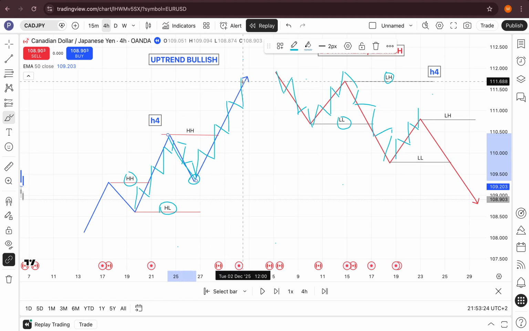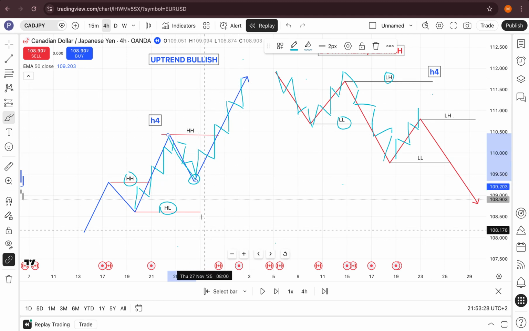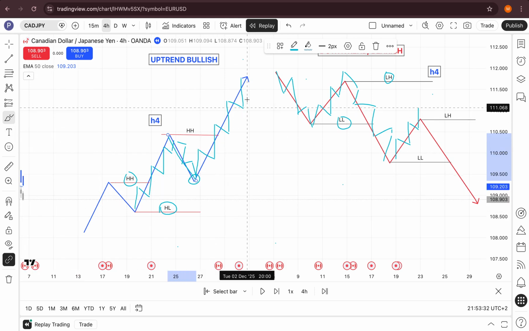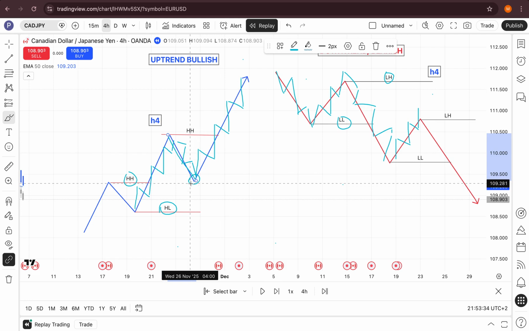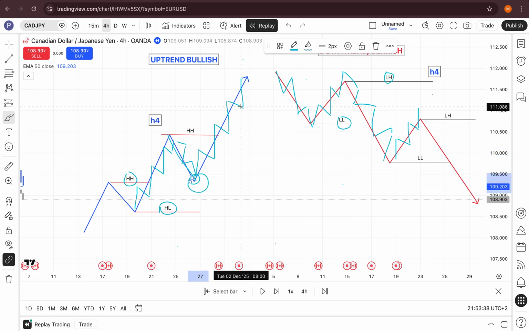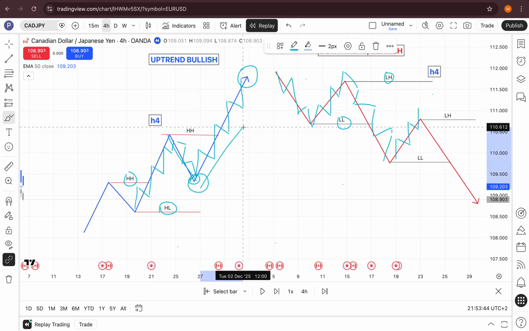For example, from right here up to right here, it's just one run in the higher time frame, but in the lower time frame, look, this is a trend.